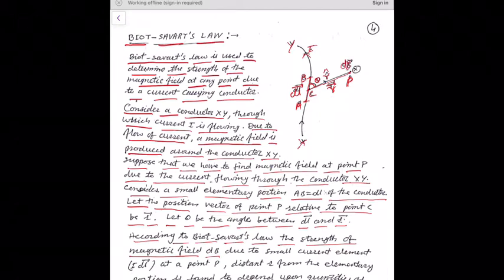Okay, so magnetic field dB is due to the small current element I dl. At point P, at distance r from the elementary portion, it is found to depend upon quantities as under.